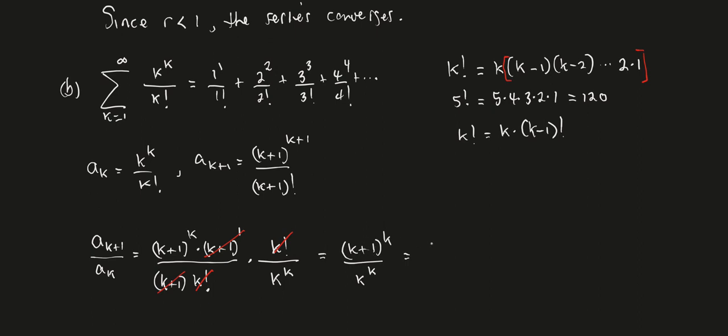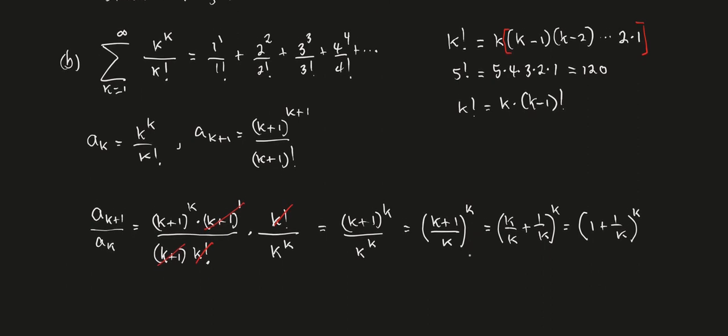And I can use my properties of exponents and write this as a single fraction all to the kth power. This is k plus 1 over k to the k. And then I can do a little bit more algebra and write this as k over k plus 1 over k all to the k, and then reduce it even a little bit further, 1 plus 1 over k to the k.